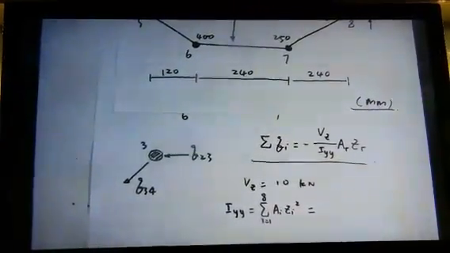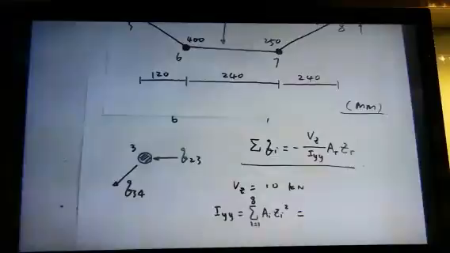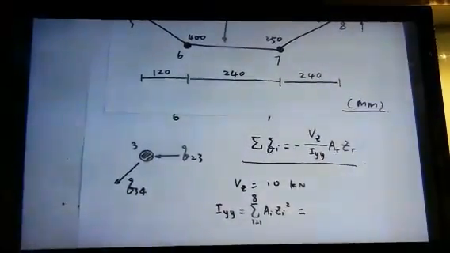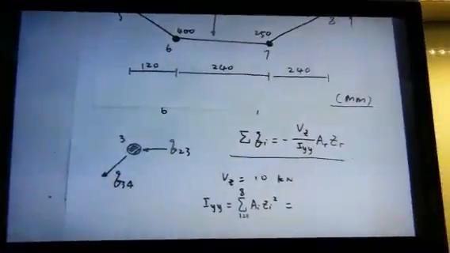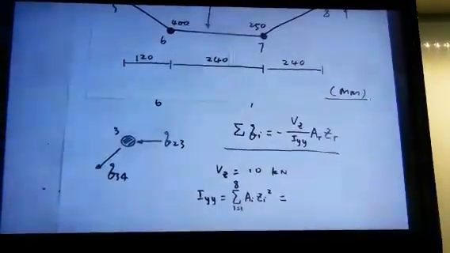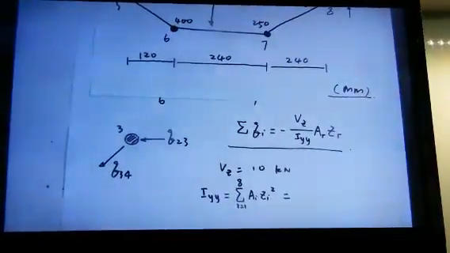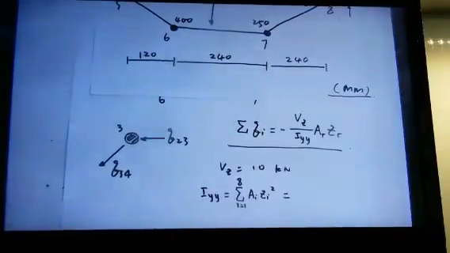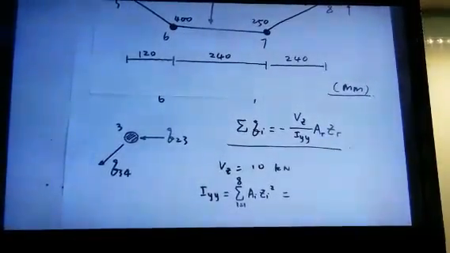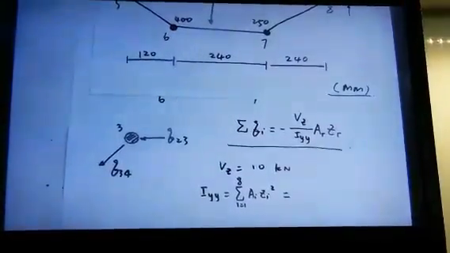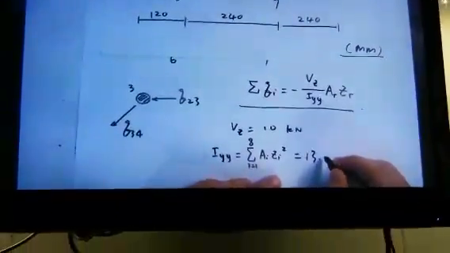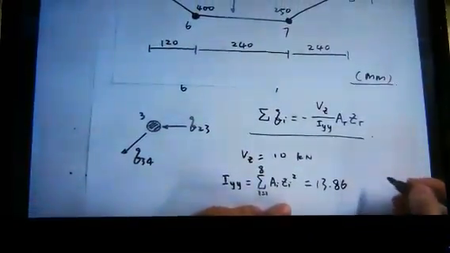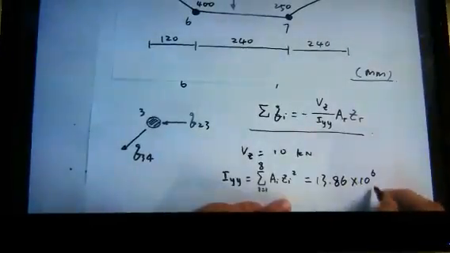So that is the general expression. Z would be the distance. This is my Iyy. Iyy is a moment about a certain axis, so it's your distance from the axis.